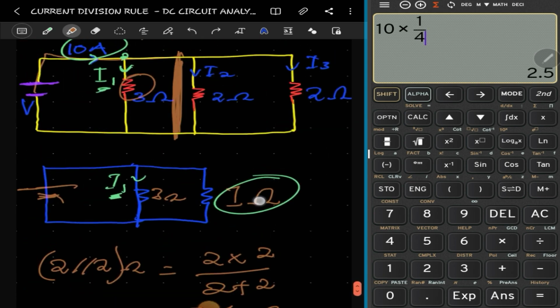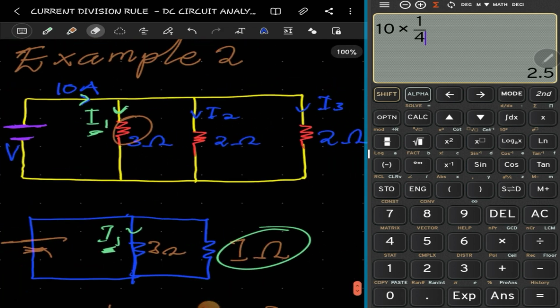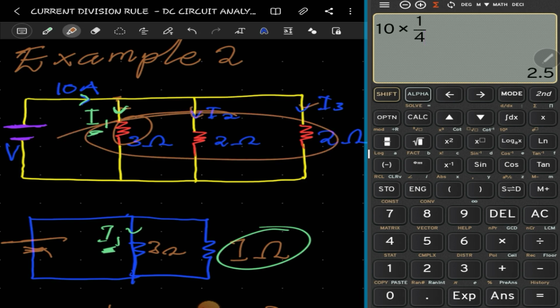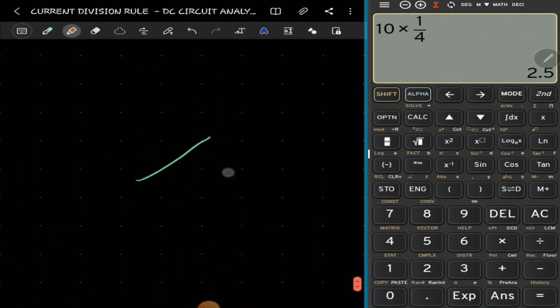When the current gets to this node here, it splits to this, and then this, and you see that these three here are in parallel.